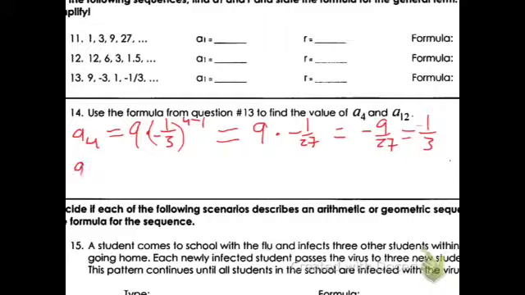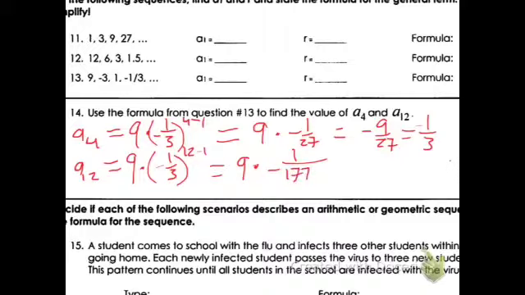And we now need to get a sub 12, or the 12th number in the sequence. So you got to do 9 times -1/3 to the 12 minus 1 power. -1/3 to the 11th power, hold on, that's going to be -1 over a fairly large number, 177,147.